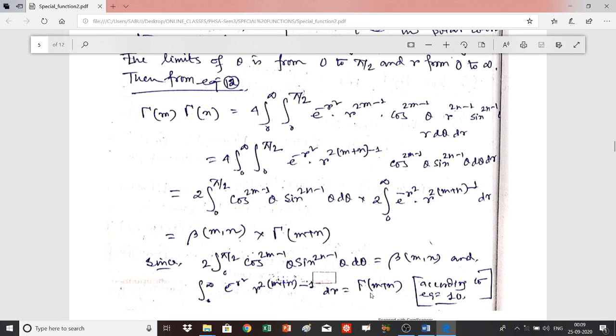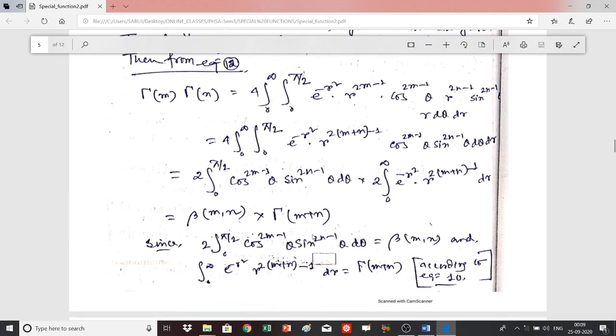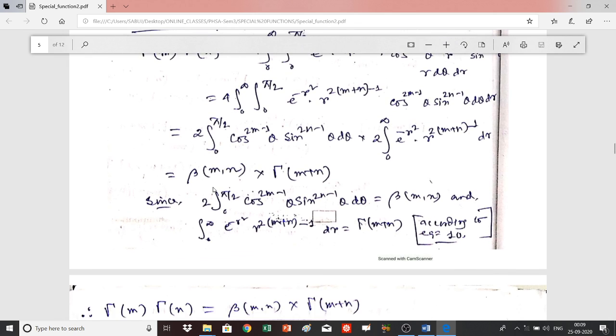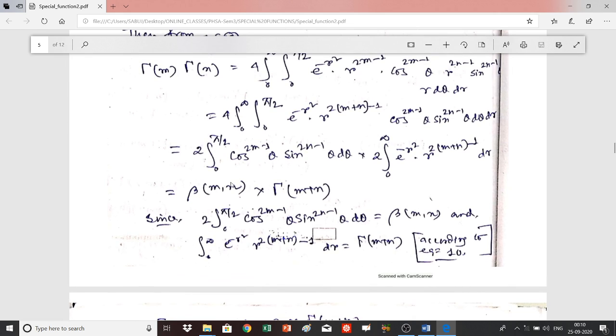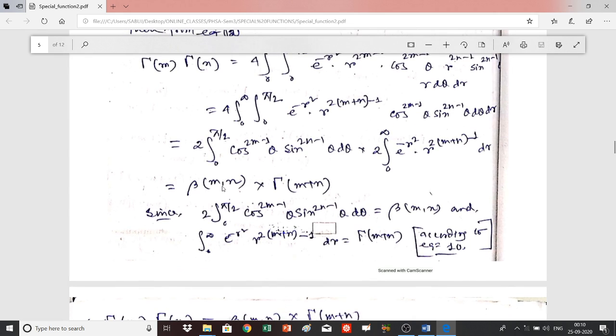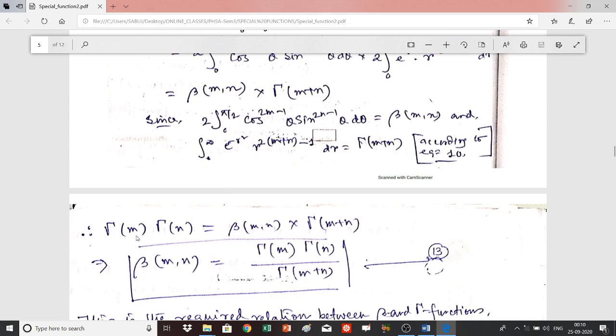That will give you gamma of m plus n. So the product of beta mn and gamma of m plus n is there. From this relation you can find the value of beta mn. So beta mn is equal to gamma m gamma n by gamma of m plus n.